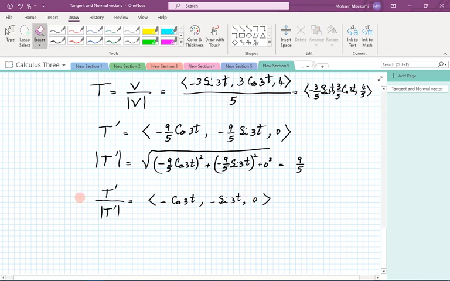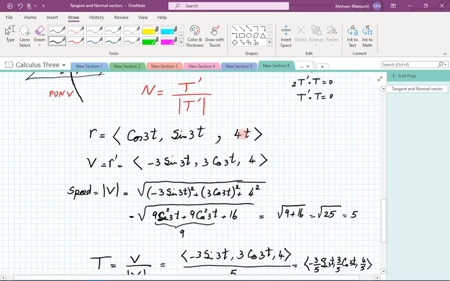Who's this? Well, by definition, this is our principal unit normal vector, or N. We notice that you can pull a minus out: minus cosine of 3t, sine of 3t, and 0. Who is this?